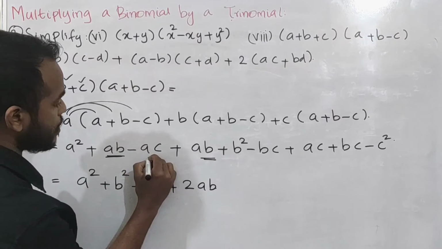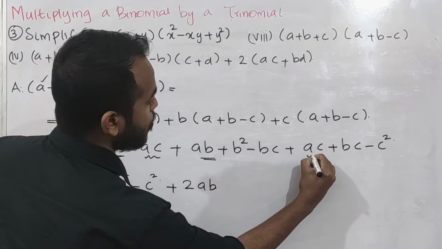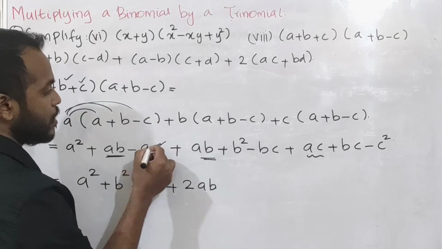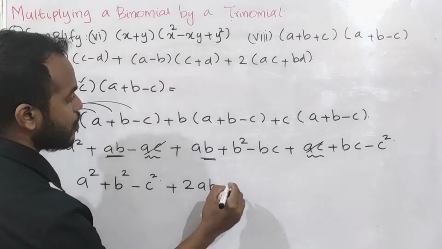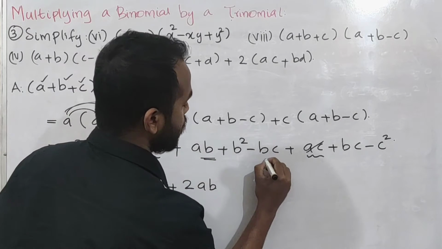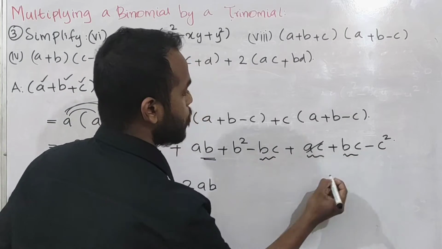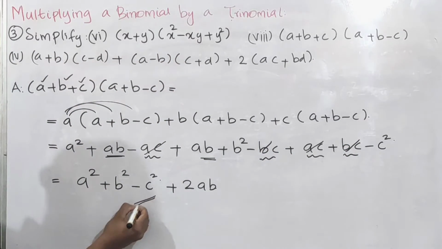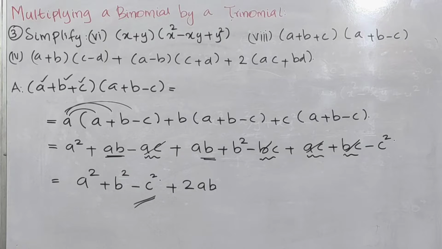Now we have a minus ac here and a plus ac here, so we will cancel these two. No need to write any of them. Then go for the next terms. Yes, we have a negative bc and a positive bc, so we can cancel them as well. So the final answer will look like a square plus b square minus c square plus 2ab.